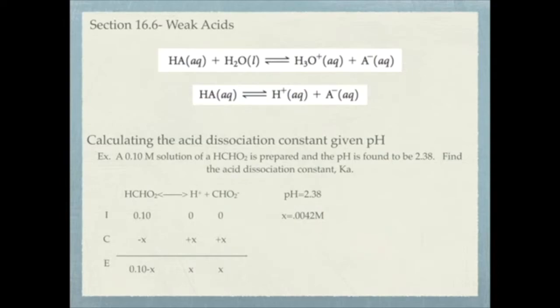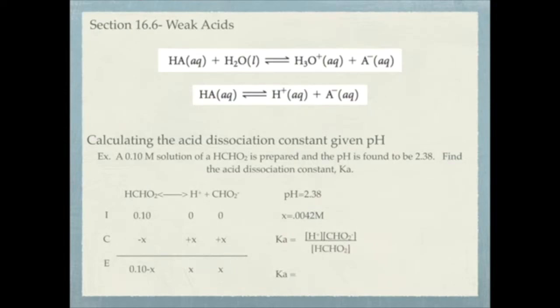And so now I know my concentration of hydrogen ions, I know my concentration of my anion, and I can figure out the concentration of my acid by subtracting. And so I'm going to plug that into my equilibrium expression to calculate my Ka. So my Ka equals my concentration of hydrogen ions times my concentration of my anion all over the concentration of the acid.